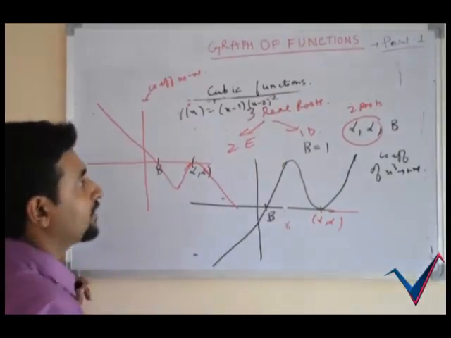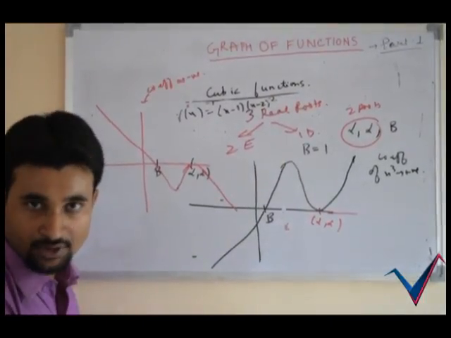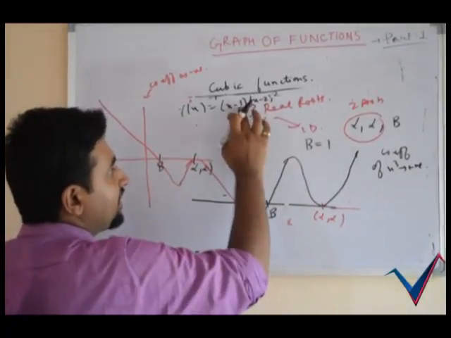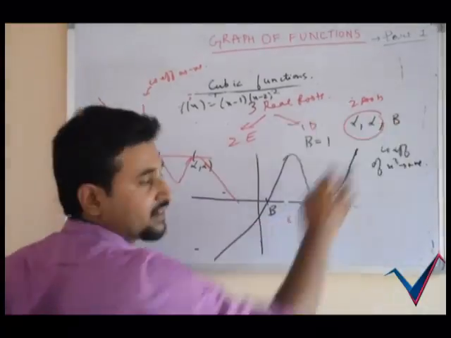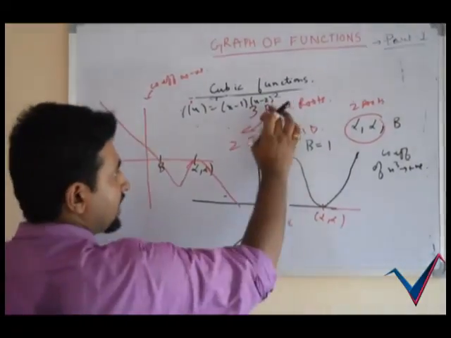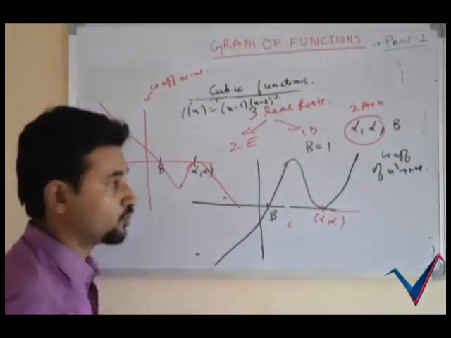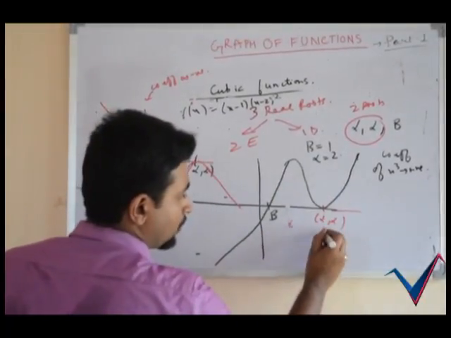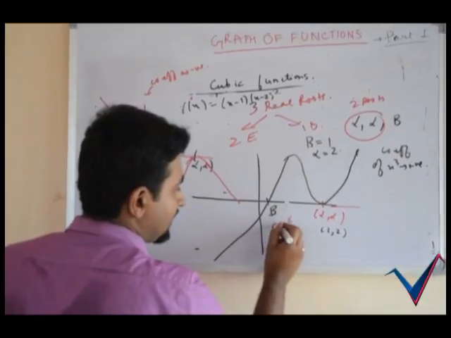Sorry, the function is x minus 1 into x minus 2 square. So what is beta here? Beta here is 1, because it is the distinct one. I have taken the distinct root to be beta. And what is alpha here? Alpha here is 2. So this will be simply 2 comma 2 and this will be 1.